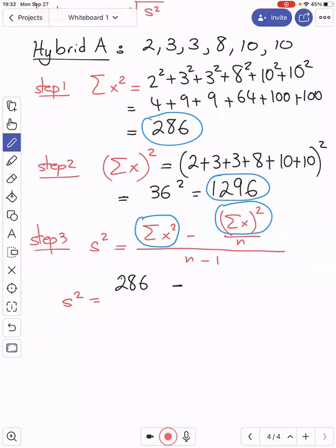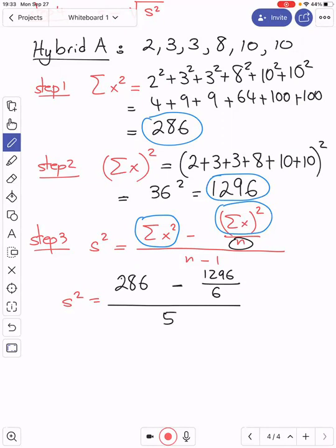So minus 1296, and then you have to divide by the size of the sample. The size of the sample is 6, so we have to divide by 6. This n here is the size of the sample we have, or the number of data values. So we have 6 of them, and then the whole thing is divided by n minus 1. N again is 6, so that'll be 5.